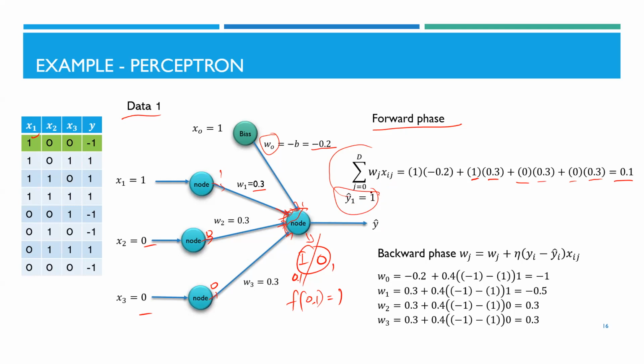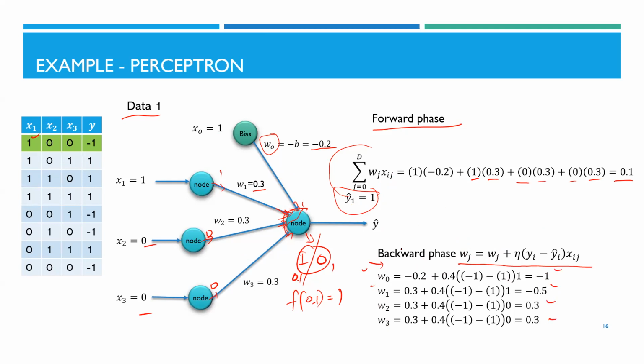After that, we do the backward phase. In the backward phase, this is the equation. We do it for each weight. We have 4 weights, W0 to W3 here. We simply apply this equation, and then we get the new weights.